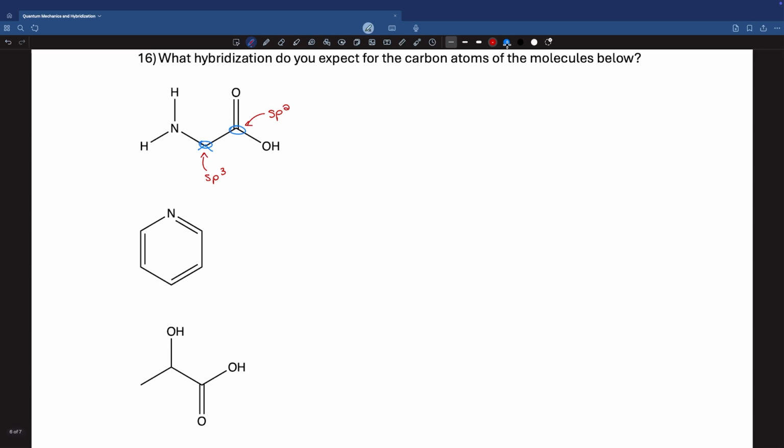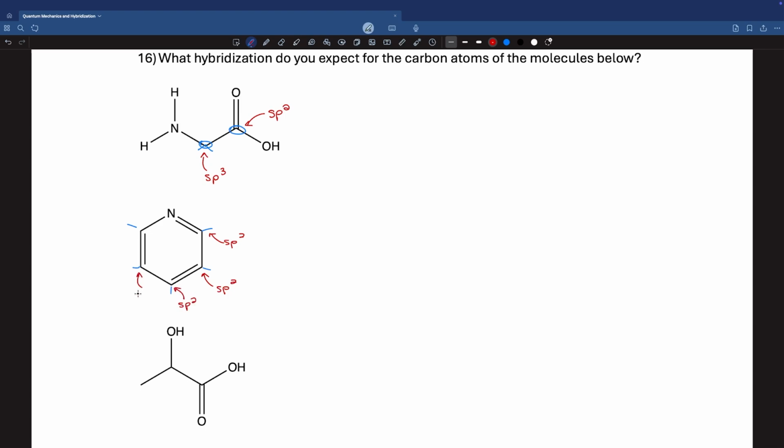The next example has only 1 hydrogen connected to each of the carbons, and each of the carbons has a double bond on one of the sides. And so all of these carbons are sp2 hybridized, similar to the benzene question we had before.